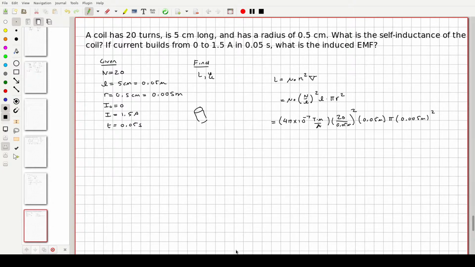All right, so right here, this is going to be about 7.9 times 10 to the minus 7th henries. So here's our inductance right here.